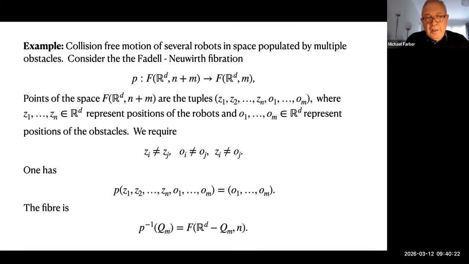Positions of the obstacles, the centers of the obstacles, are denoted by O1, ..., OM, and the positions of the robots are Z1, ..., Zn, and there is a condition which we require that all these points must be pairwise distinct. So this projection of configuration spaces just forgets the positions of the robots, only looking at positions of the obstacles, and the fiber is a pre-image.